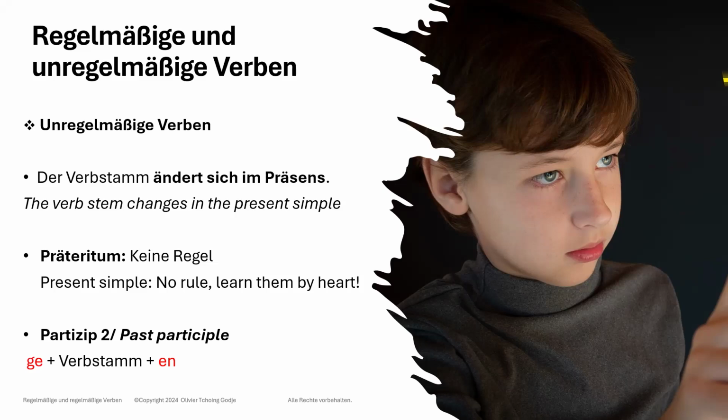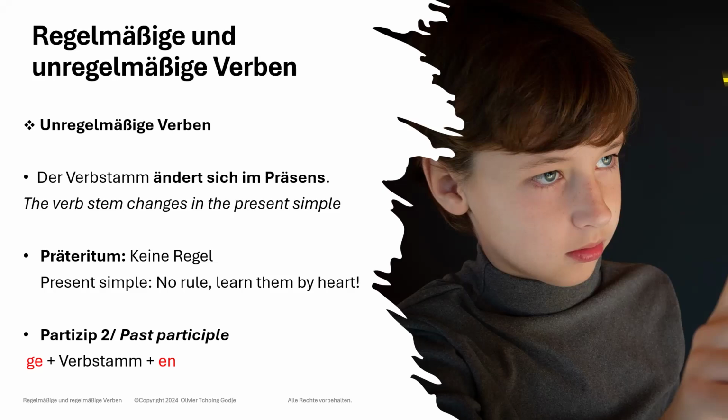And irregular verbs usually change in the present simple. The verb stem changes, and usually it is the vowel that changes. But notice, it doesn't apply to all verbs in the present simple. Some irregular verbs do not change the verb stem in the present simple, but they are still irregular verbs. The next step to find out whether a verb is irregular is the Präteritum, that is the past simple.